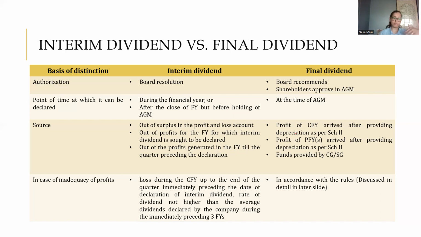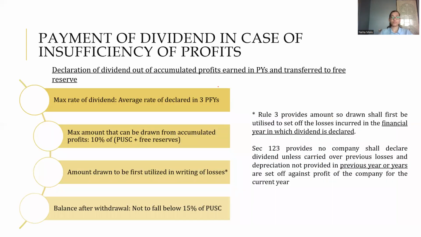Next, when there is loss or inadequacy of profit, then in that particular situation, final dividend can be declared. However, the provisions mentioned in the rules are to be complied with, which I'll be discussing in my very next slide.